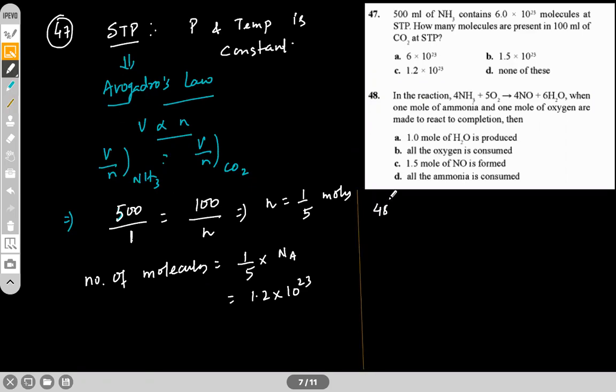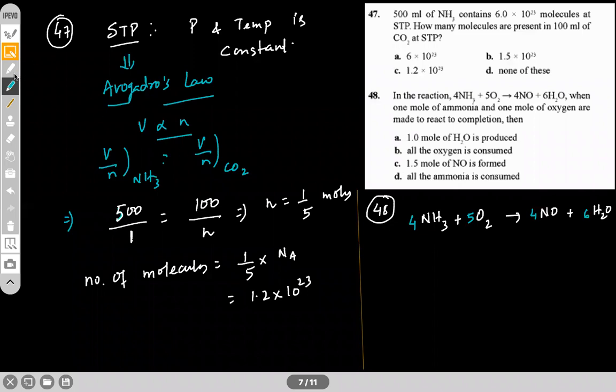Question number 48. In the reaction given, when 1 mole of ammonia and 1 mole of oxygen are made to react to completion, then what happens? Okay, so the reaction is given: NH3 plus O2 gives NO plus H2O. So we have 4 moles of this, 5 moles of this, 4 of NO and 6 of this.